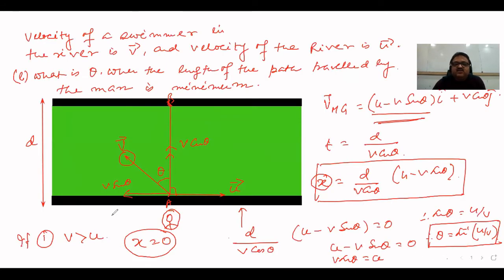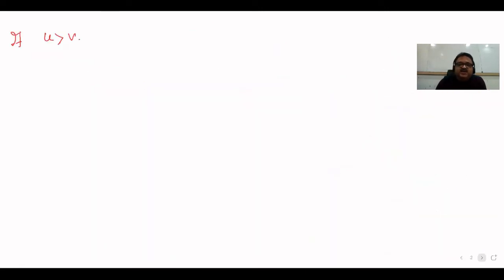X equals, we know, D by V cos theta times (U minus V sin theta), correct? So applying that, X equals D by V cos theta times (U minus V sin theta). If I simplify this, what will be the value?